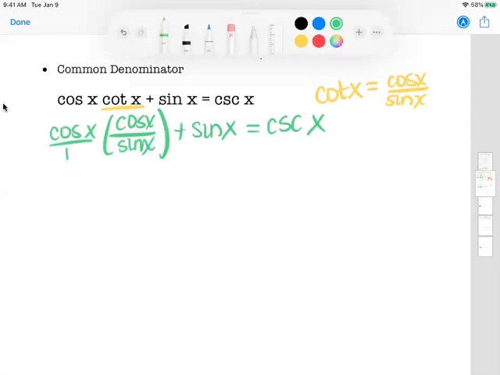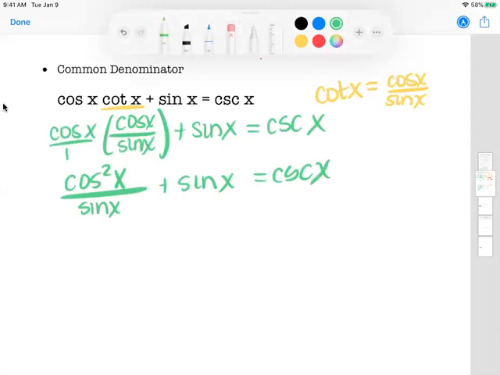I can always set something over 1, and now I'm going to multiply numerator times numerator. So cos squared x over 1 times sine of x is just sine of x, plus sine of x equals cosecant x.